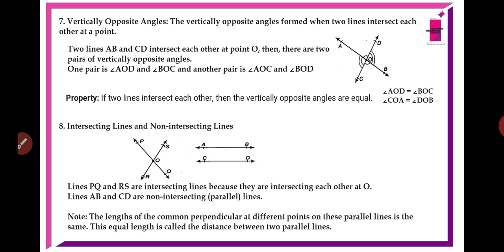Now here we can prove why they are equal by using a straight angle. You can see AB is a straight line. On AB you have two angles, BOD and AOD, so the sum of AOD and BOD equals 180 degrees. In the same way on CD, on top of CD you have angle AOD and angle AOC. The sum of angle AOD and angle AOC is also equal to 180 degrees.